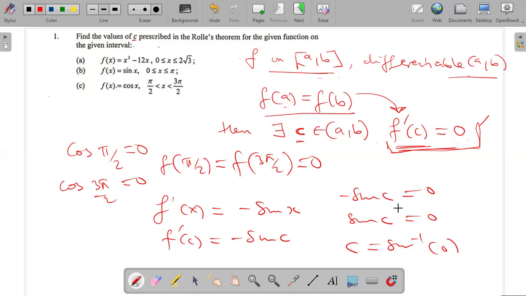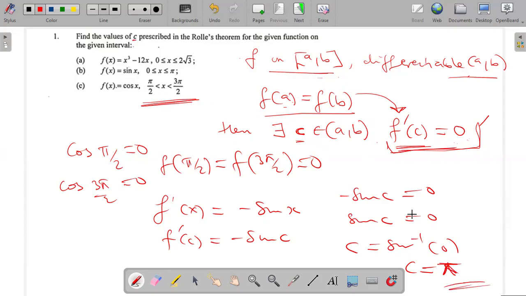Sine 180 gives you 0, or sine 0 itself gives you 0. So meaning what can give you this is either pi or 0. Now looking at the interval which we've been given here, we see that the only one in between is pi, and not 0. So we go for the one which is pi.